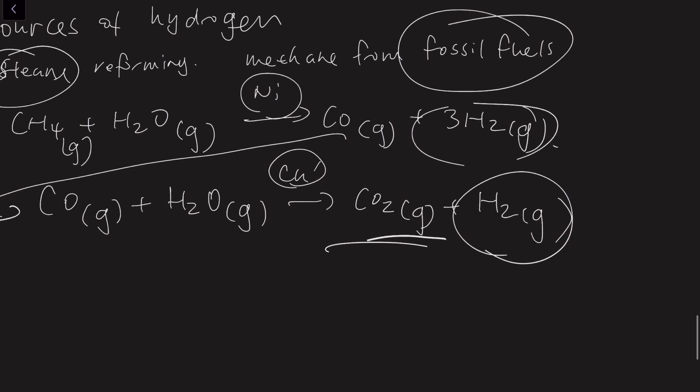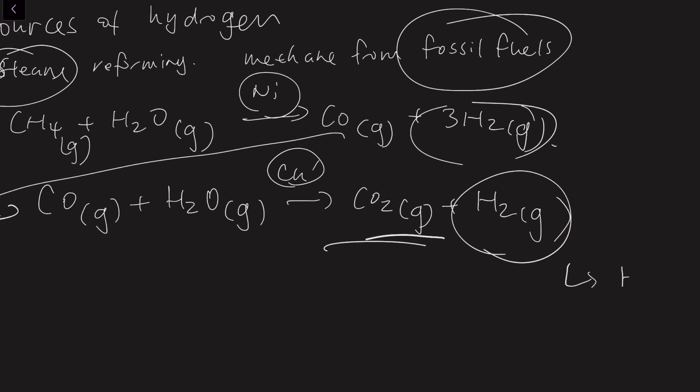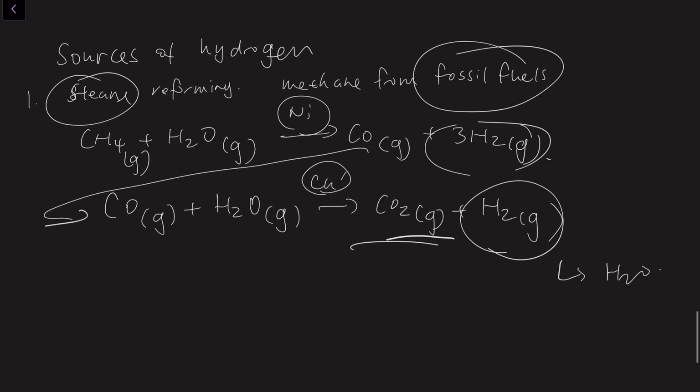And then when you combust hydrogen, you get water. So if you obtain hydrogen from the steam reforming process, what you are essentially doing, when you look from a bigger perspective, is combusting methane, since you are converting methane to hydrogen gas and then hydrogen gas to H2O.